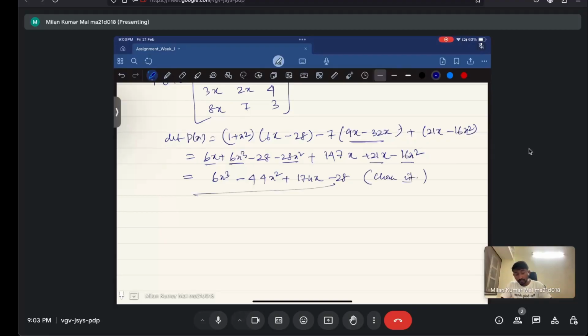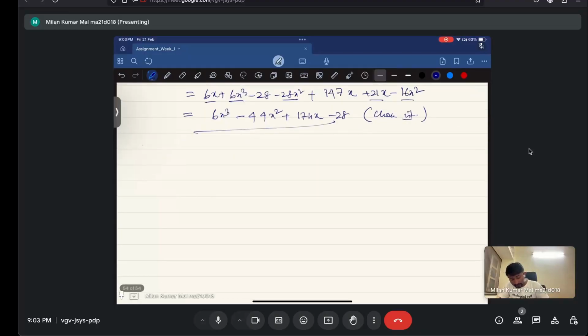Okay, so main point is that determinant of px is a polynomial of degree 3.